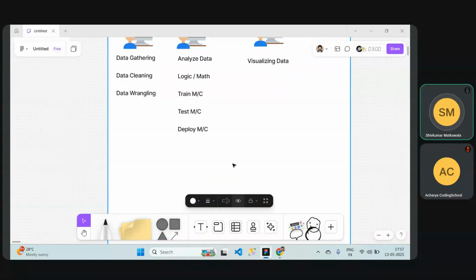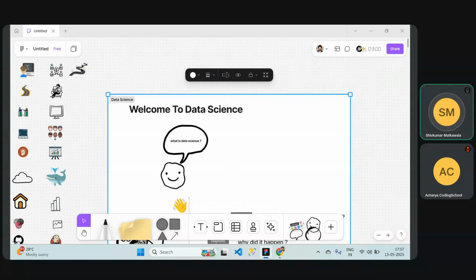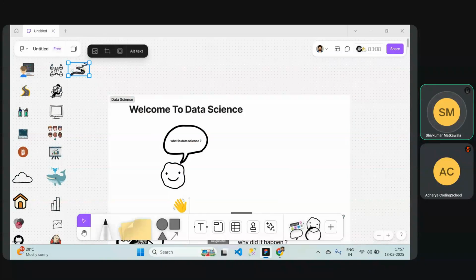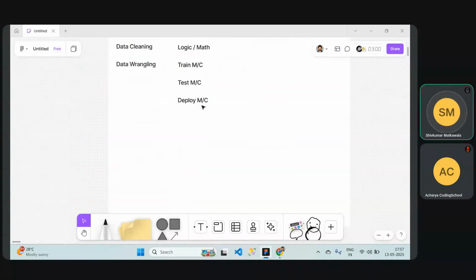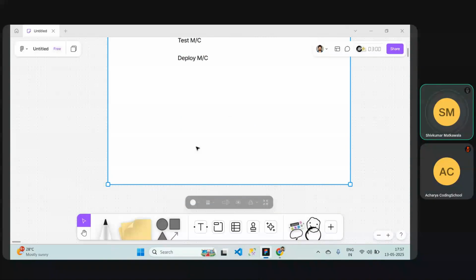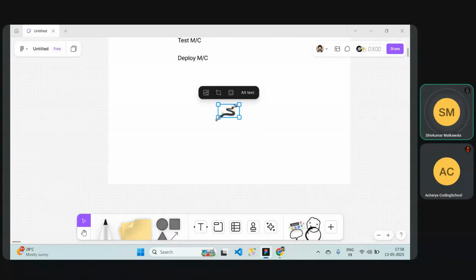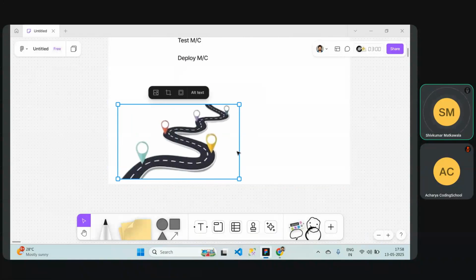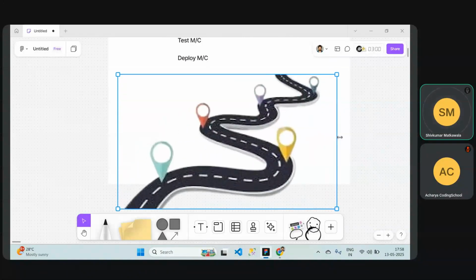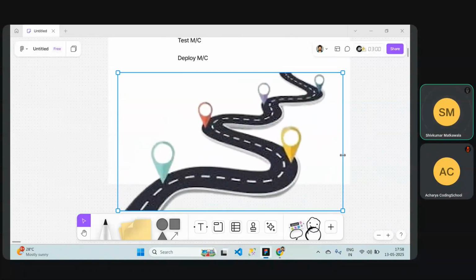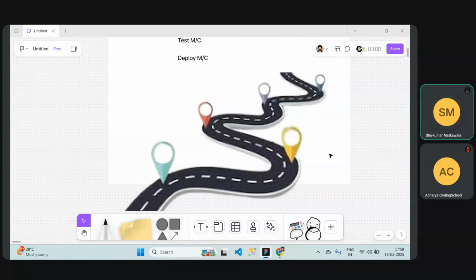The roadmap. Definitely you need a roadmap to become a data scientist engineer. So let's discuss this roadmap, guys.